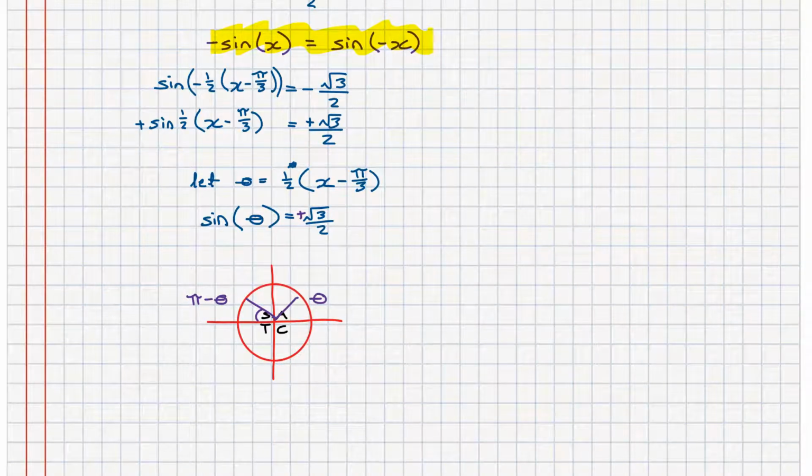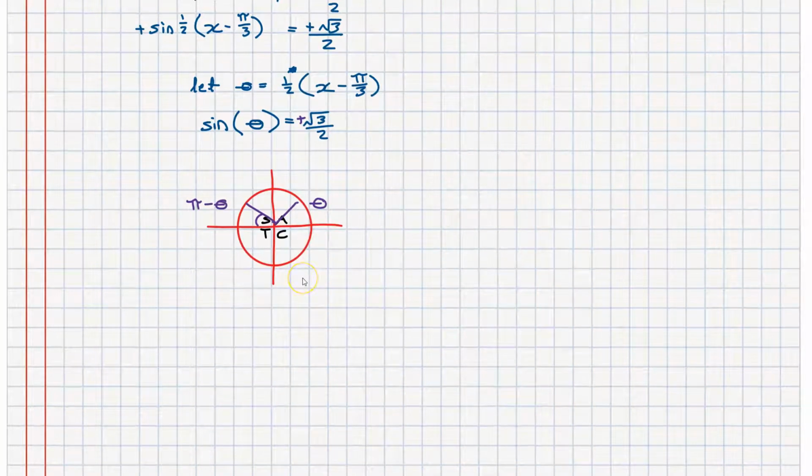So the first solution for this particular problem is going to be theta equals the inverse sine function of root 3 over 2. And we all know from the exact values, or simply by memorizing the exact values for at least the first quadrant, the first solution is going to be pi over 3 radians.